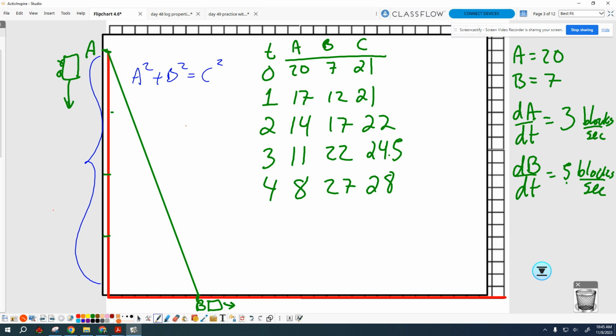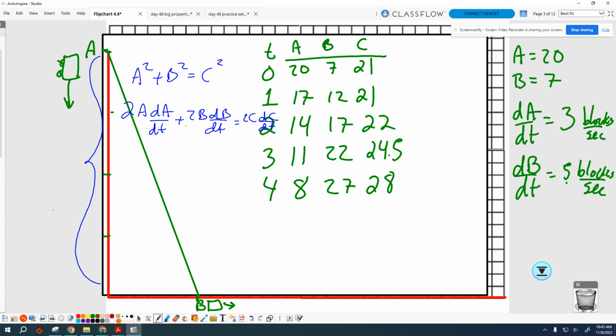If it's not a snapshot anymore, everything was actually moving. So the derivative: 2A times how A is changing over time, plus 2B times how B is changing over time. Everyone's rate of change was different.